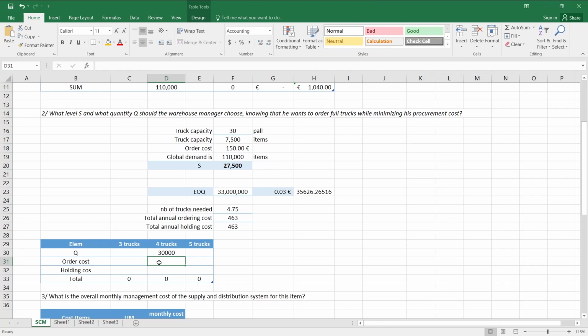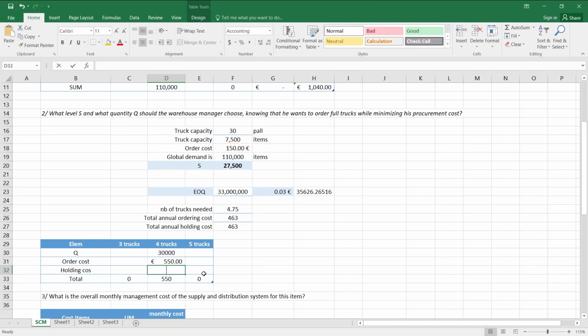So for the ordering costs related to 4 trucks, we are going to take the monthly demand, which is 110,000 items, multiplied by our ordering costs, divided by the economic order quantity related to 4 trucks, which is 30,000 items, and that will give us 550 euro.